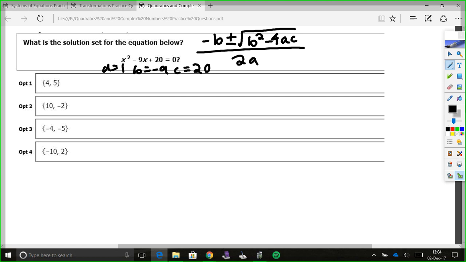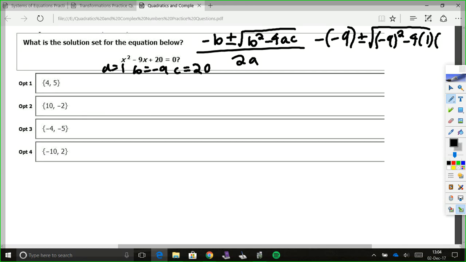So if we plug all of those in, we'll have negative negative 9 plus or minus the square root of negative 9 squared minus 4 times 1 times 20, all divided by 2 times 1.